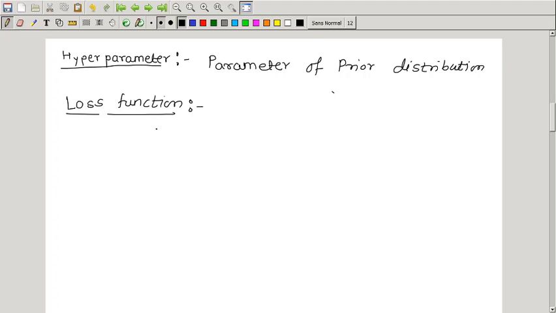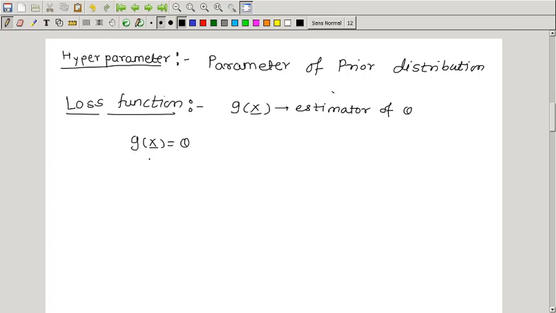This is a measure of the loss incurred when your g of x is used as an estimator of that parameter theta. A loss function is sought which is zero when the estimator is exactly correct, that is, g of x is equal to theta, and which is positive and does not decrease as g of x gets further away from theta.